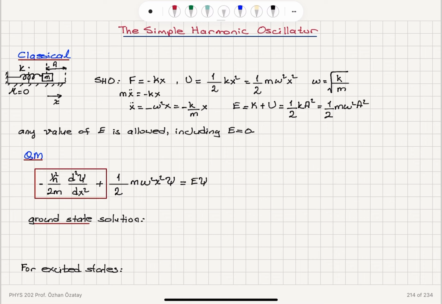This is the time-independent one-dimensional Schrödinger equation for our simple harmonic oscillator.